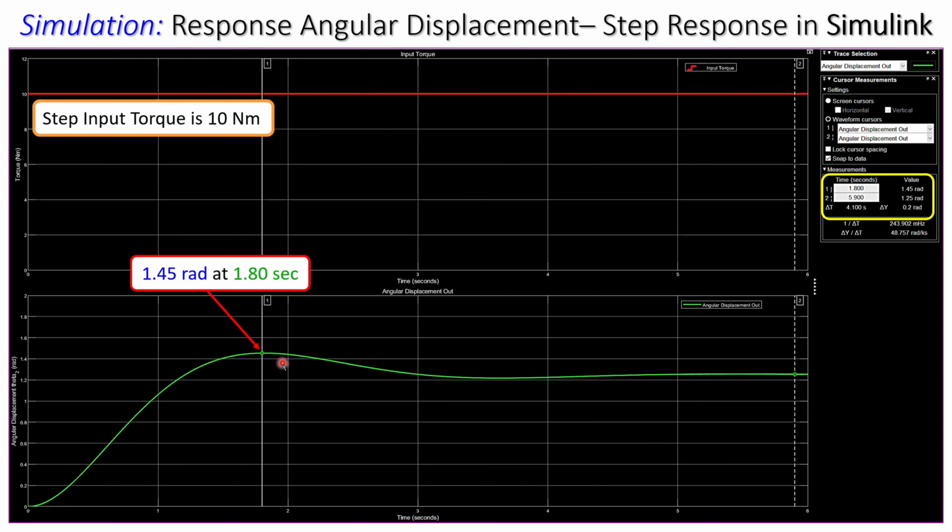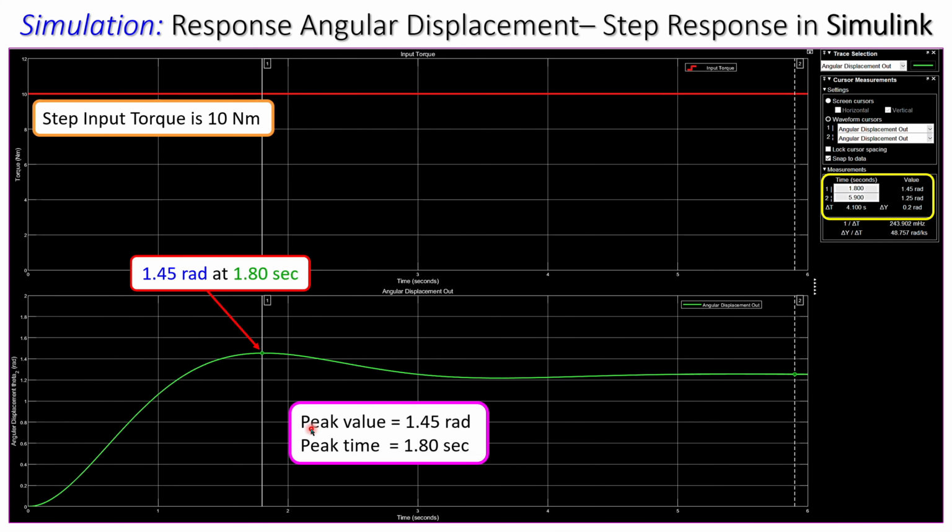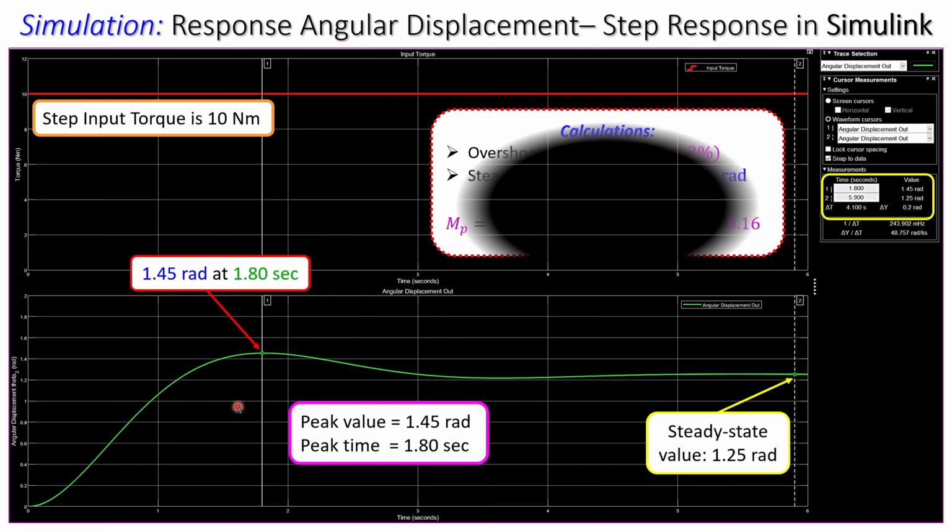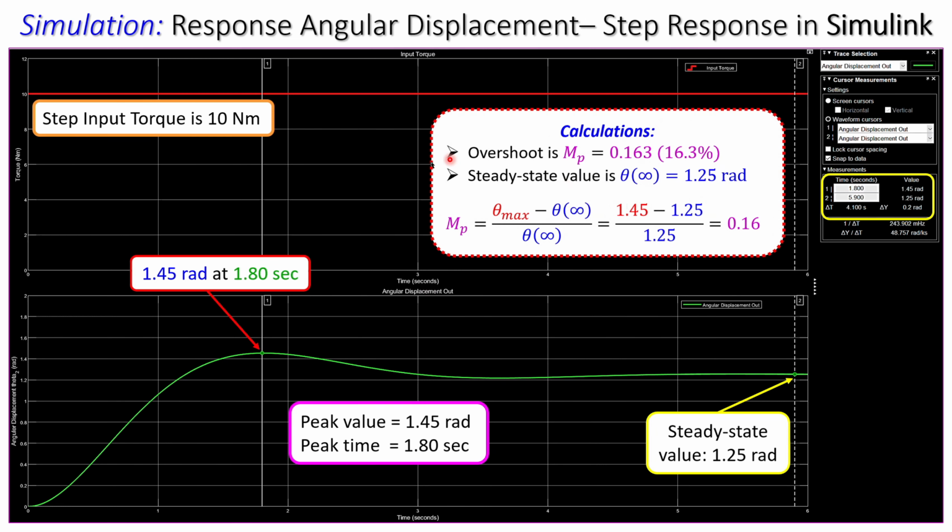I can of course also give you the peak value and the peak time. But if you wait long enough, the steady state value will be 1.25 radians. So we have the information from this plot. What does it mean? From the calculations we know the overshoot was 0.163, or 16.3%.